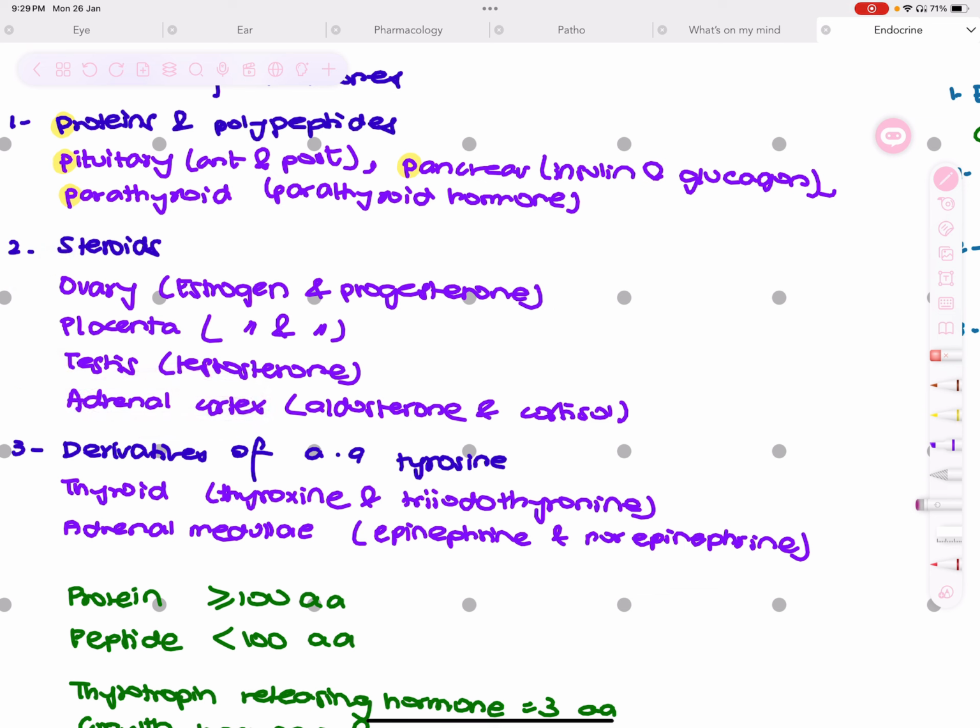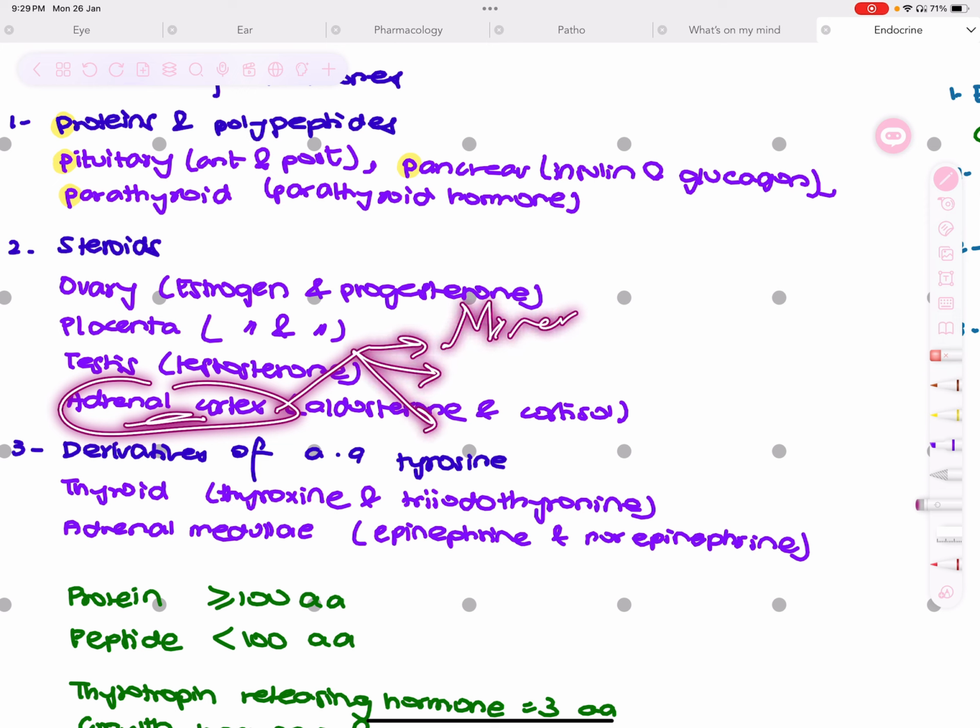We have to remember this in this fashion that adrenal cortex, remember, I told you, has first of all mineralocorticoids, then it has glucocorticoids, and then adrenal cortex also secretes adrenal androgens. So when you talk about androgens, in androgens we had what exactly? We had your estrogen and testosterone.